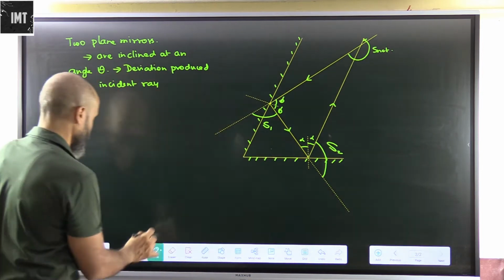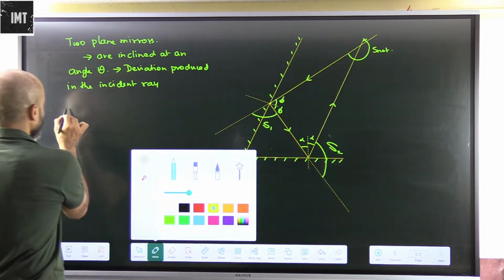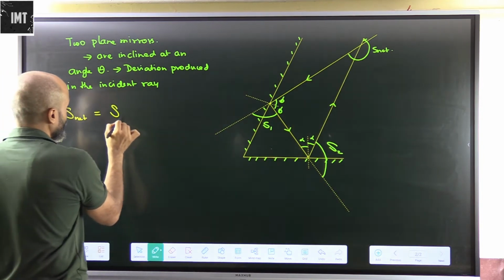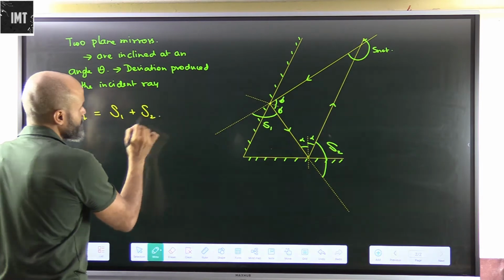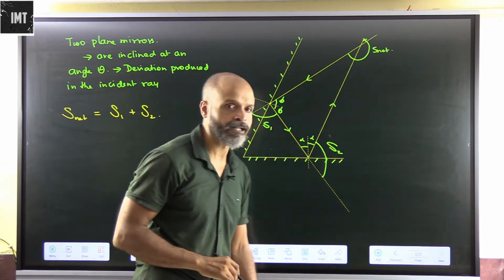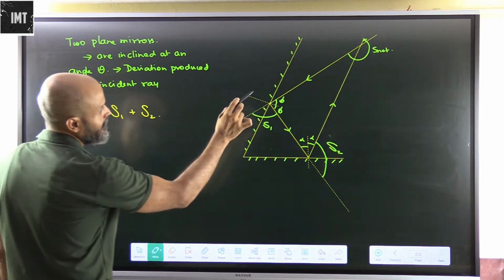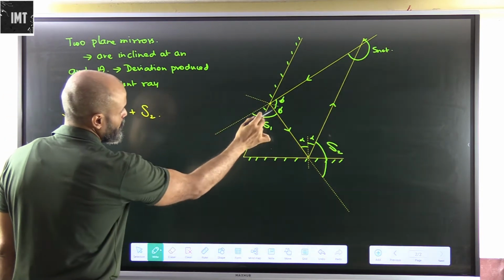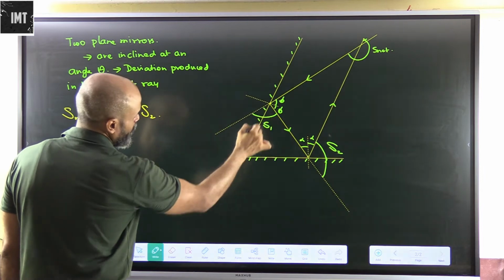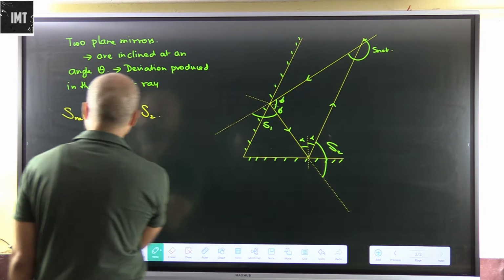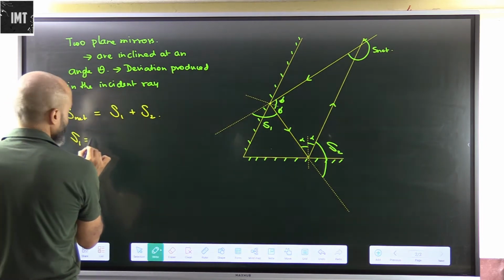So what we can write here is that the net deviation produced will be the sum of delta 1 and delta 2. Basically this is 90, so how much will this angle be? Delta 1 will be how much?